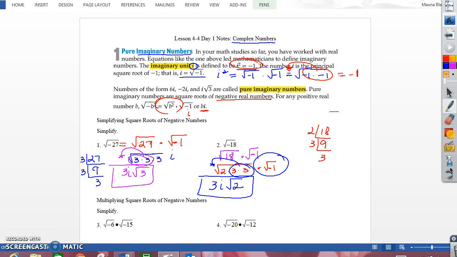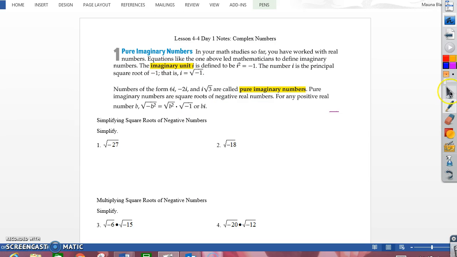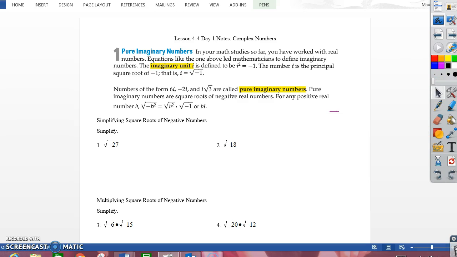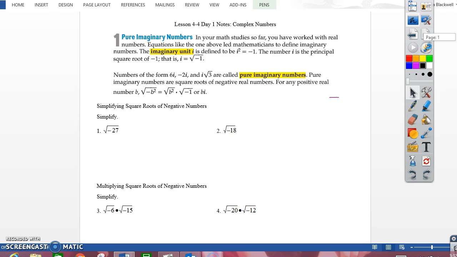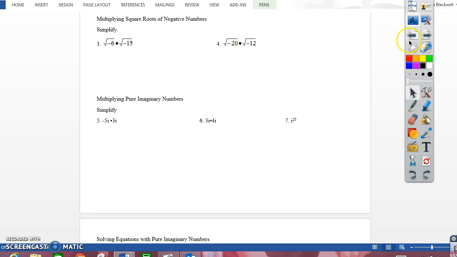When we go down to where we're multiplying, please remember, when you multiply radicals, you can write everything under the same square root.